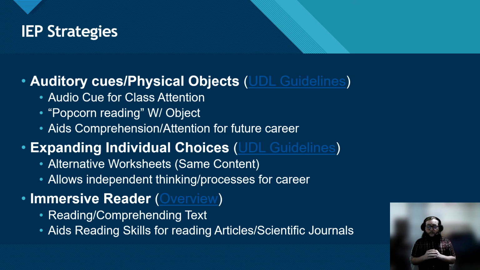I think the student would benefit greatly if they were able to use this assistive technology in the classroom, as it would aid not only in the class but also in practice for the career, as they would like to do scientific journals and articles.